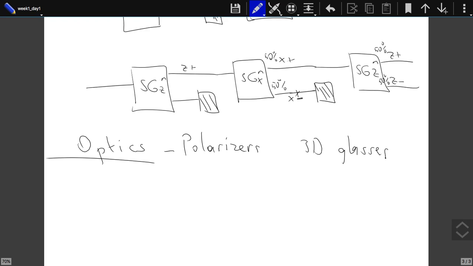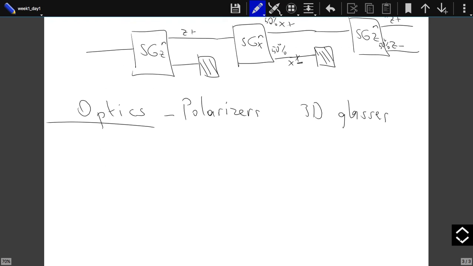I brought three of them, so in the break we can do this experiment. Basically the idea is, let's say you have a polarizing filter in the Z direction. Then you put next to it another polarizing filter in the X direction.